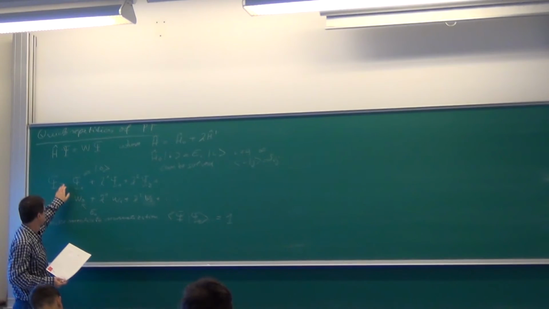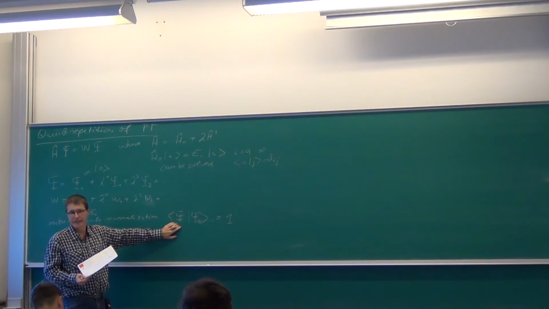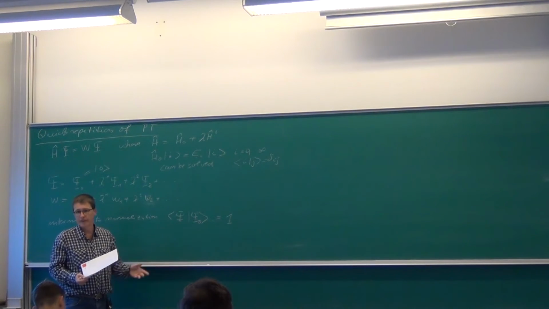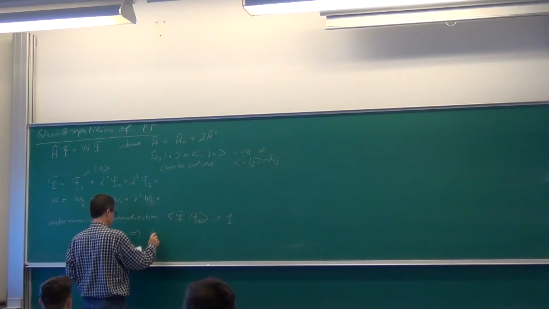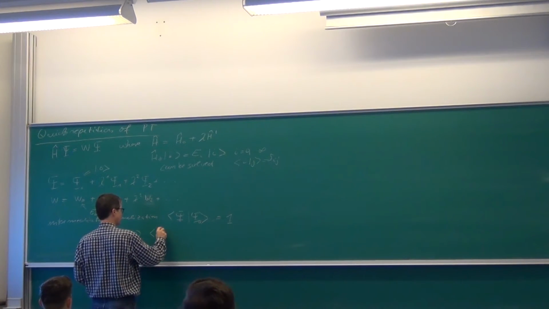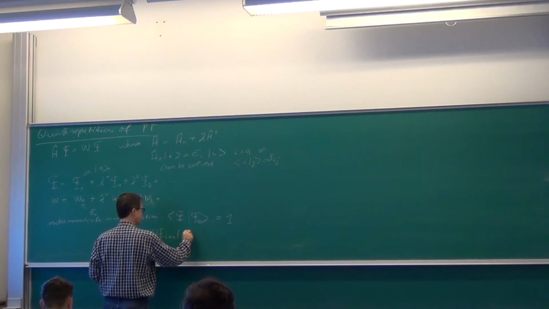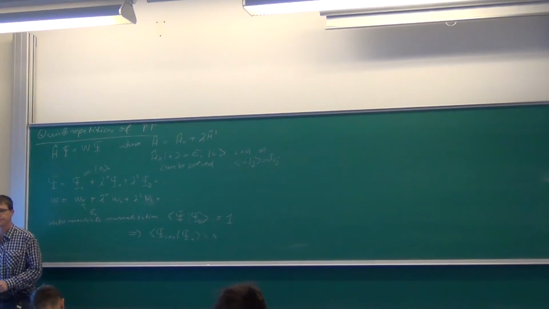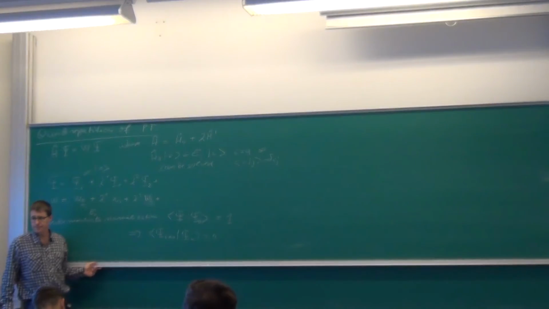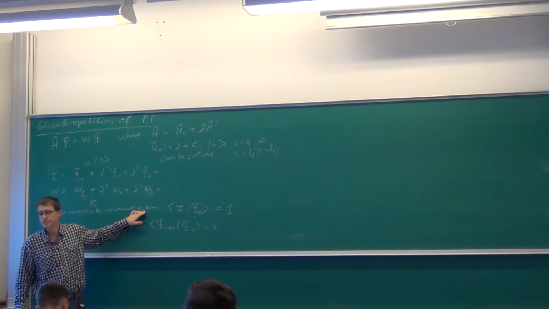And that means if I insert that one in here, the first term I get is 0, 0. That is already 1. And that means all the other ones, so the overlap between any of the corrections with that zeroth order state is going to be 0.